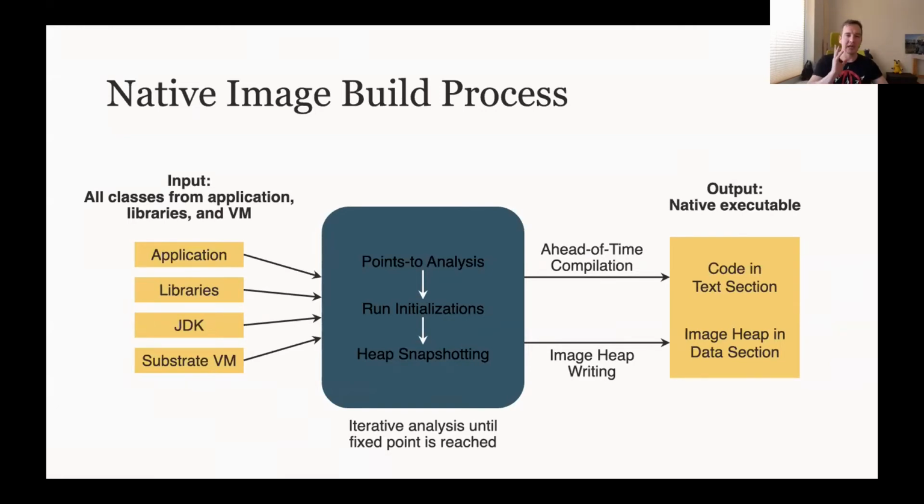And all that is available in the form of bytecode. You need all the bytecode to be available there. It gets analyzed, it gets initialized. The heap of your application, the pre-initialized objects, is snapshotted. All that together with the compiled code is written out to the binary. And then that binary can run very, very fast.